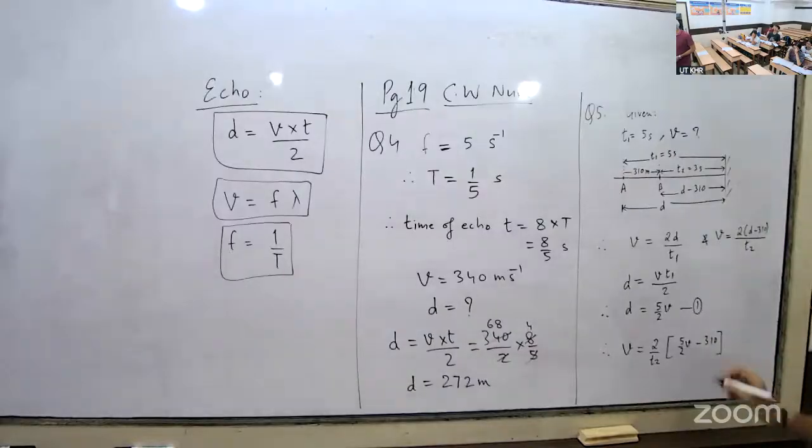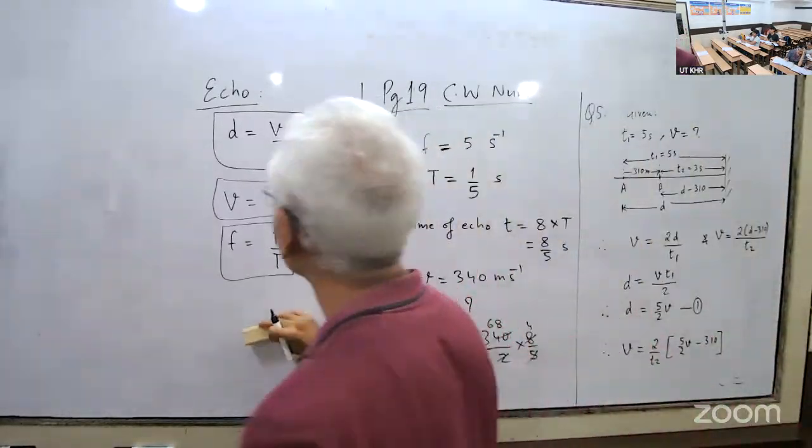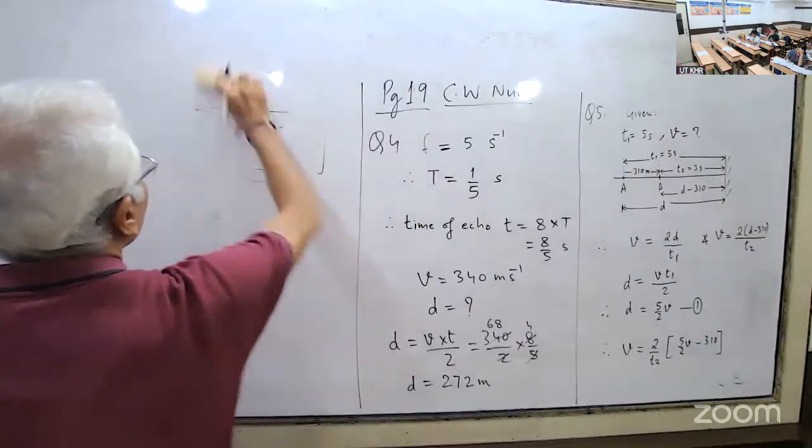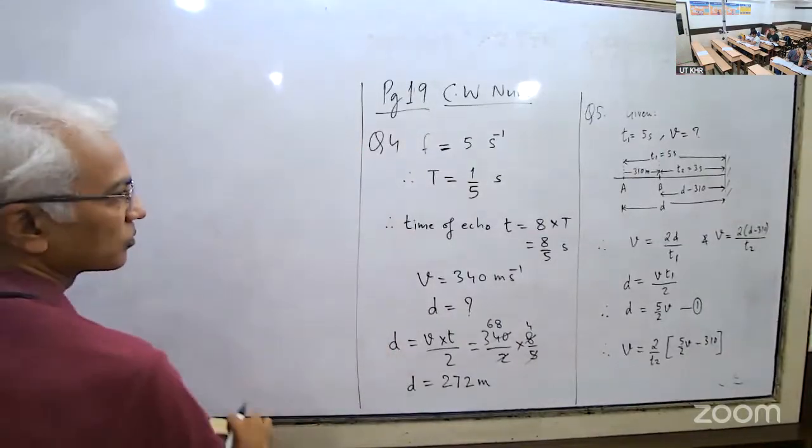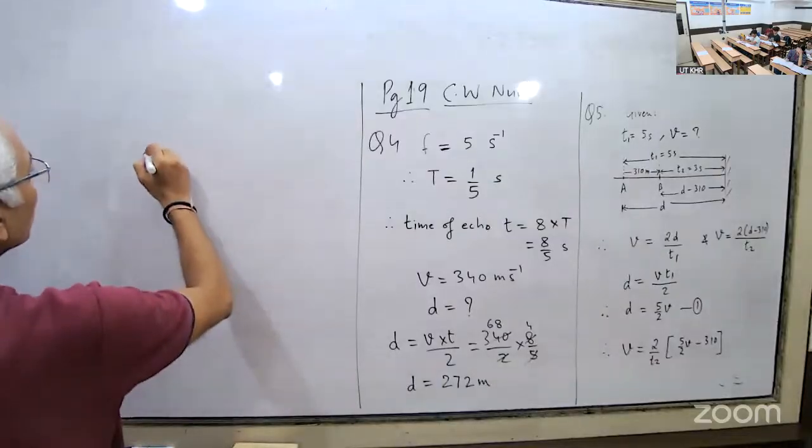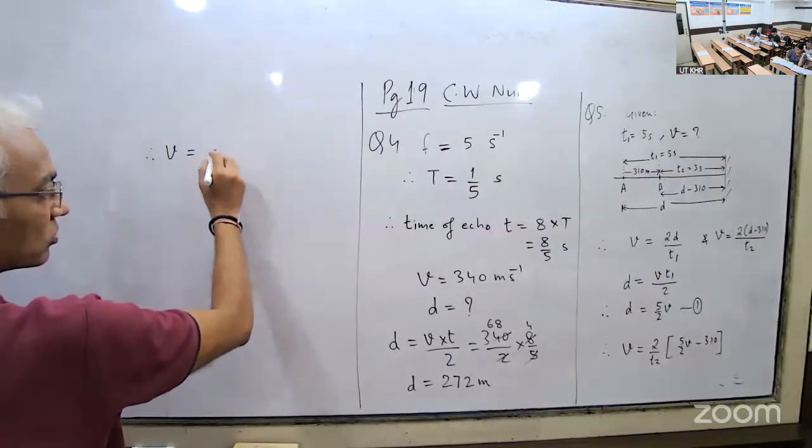Now you can solve for v. T2 is how much? T2 is 3. So therefore, v is equal to.